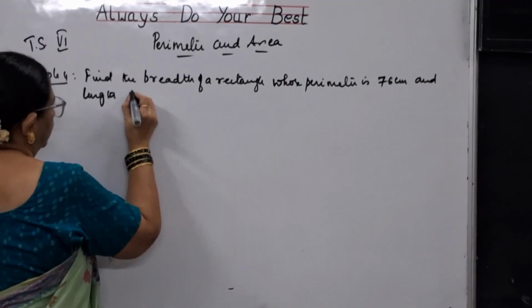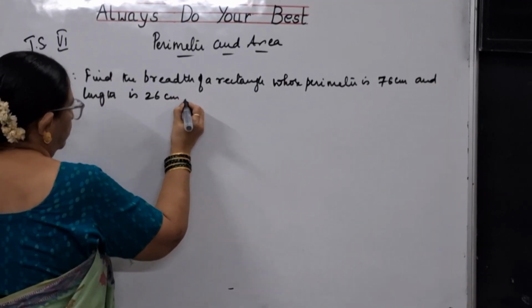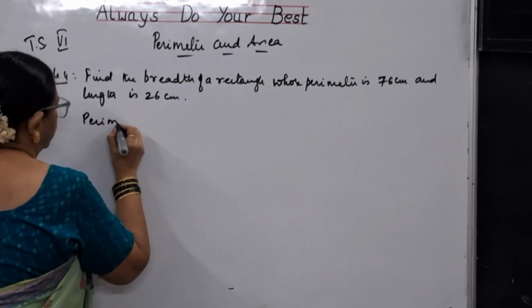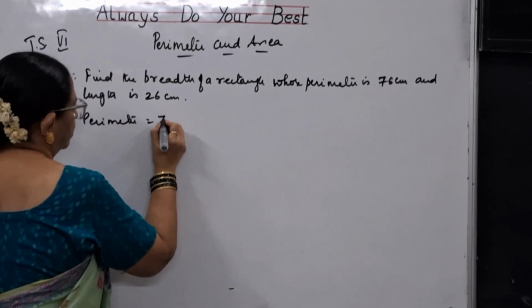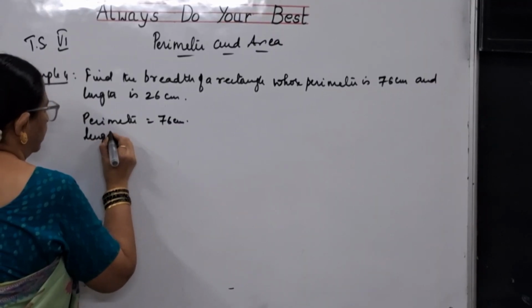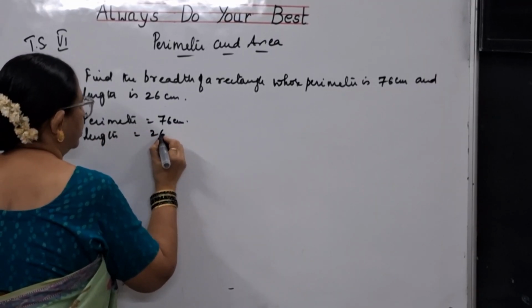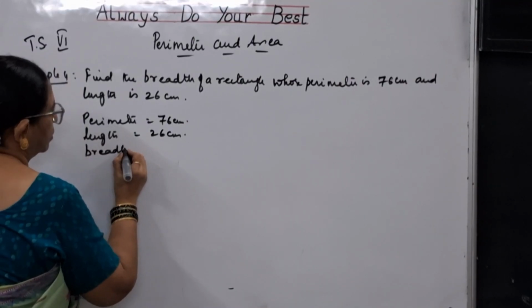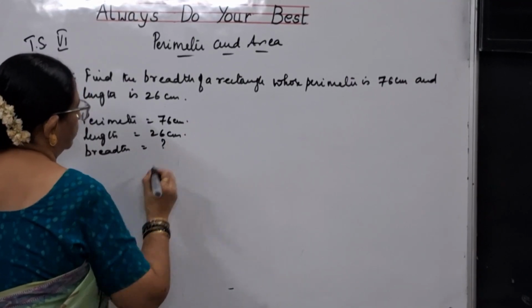So what did they give? They have given the perimeter as 76 centimeters and the length as 26 centimeters, and the breadth is how much?